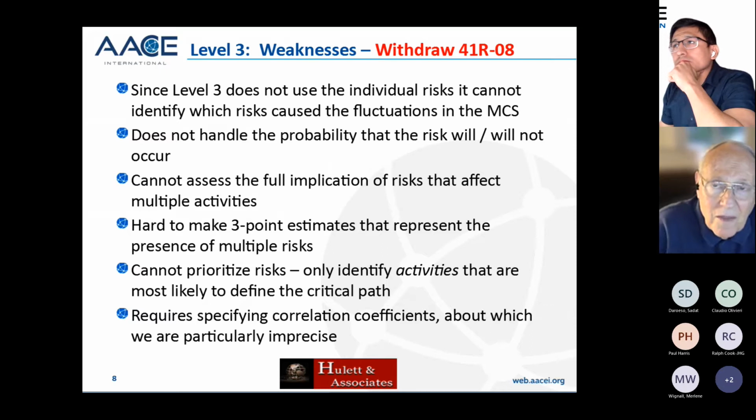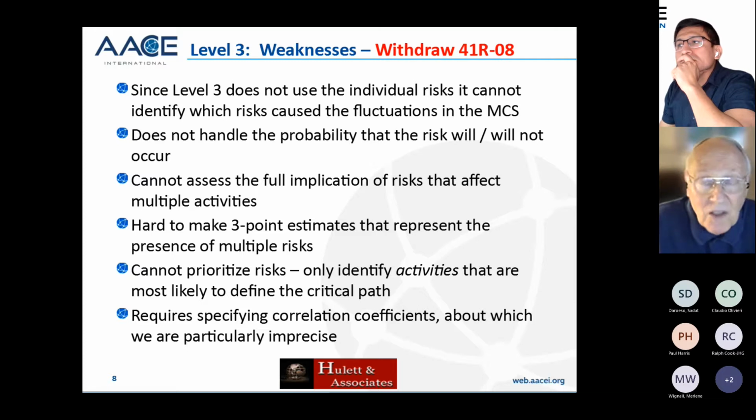But the weakness, and the why 41R08 is now withdrawn, or will be withdrawn whenever the public comment period is done with this. Level 3 does not use individual risks, and because it doesn't use individual risks to drive the Monte Carlo simulation, it cannot identify which risks cause the fluctuation in the Monte Carlo simulation.